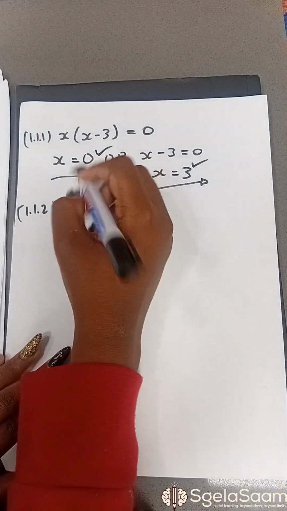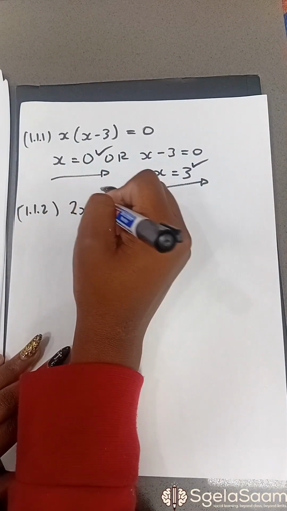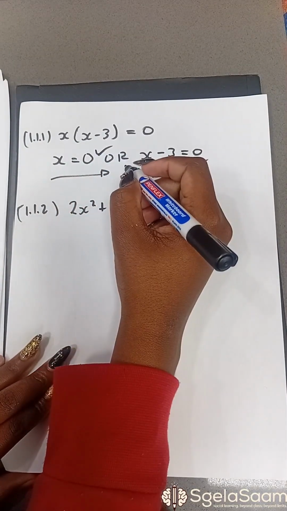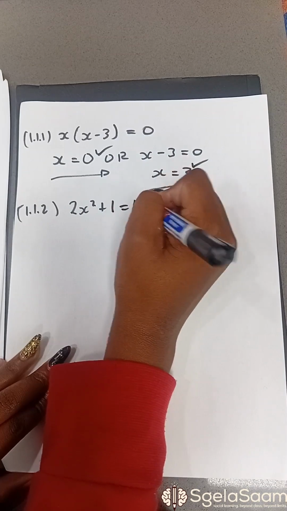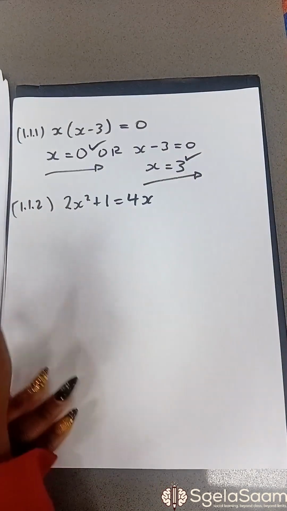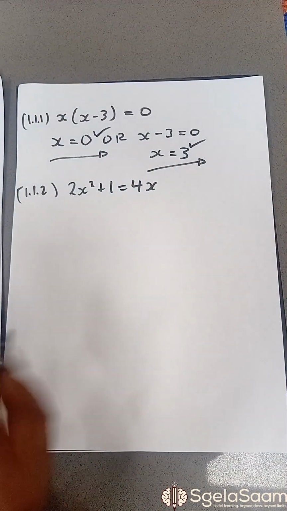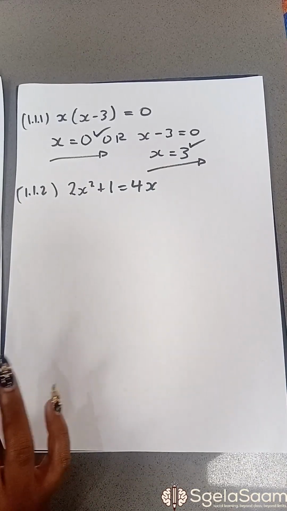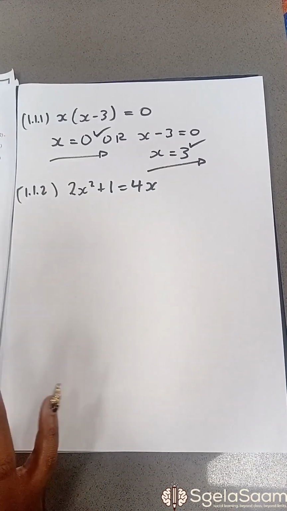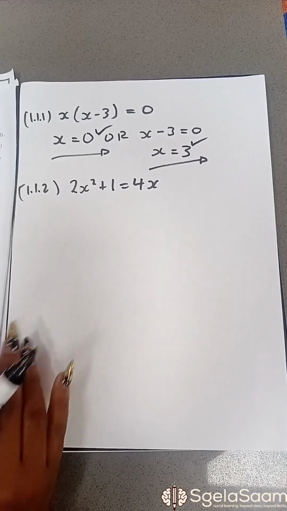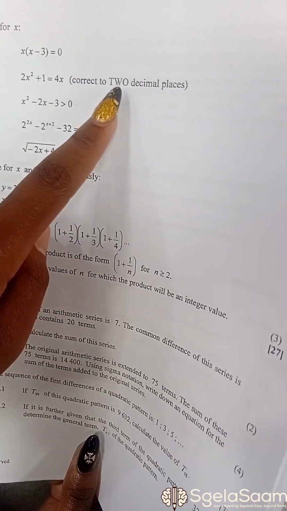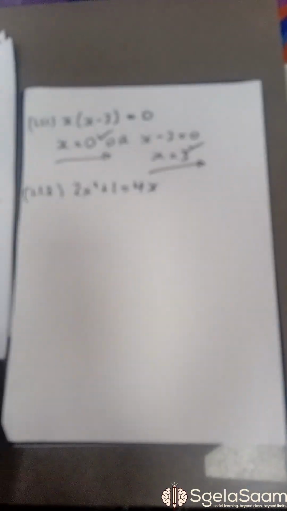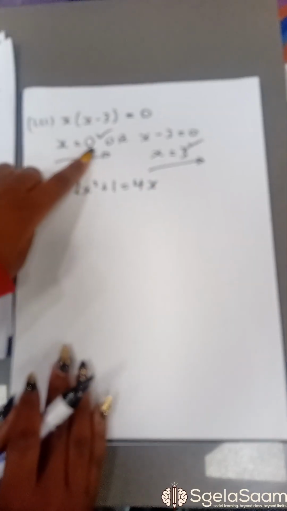Okay, 1.1.2 is 2x² + 1 = 4x. Now, maths is always a gambling game, but I don't want you to use gambling skills on it, because it always gives you clues. The "correct to 2 decimal places" over there signifies that in this one, you won't be able to do it as easily as that one.